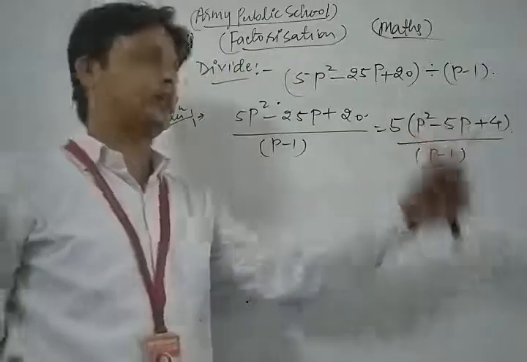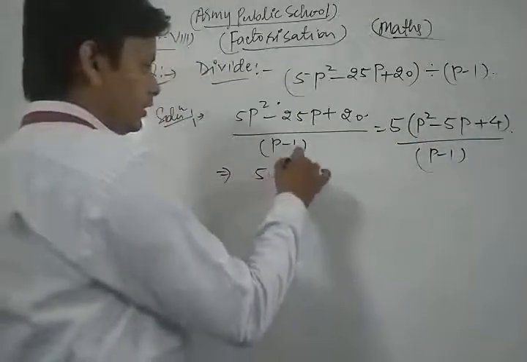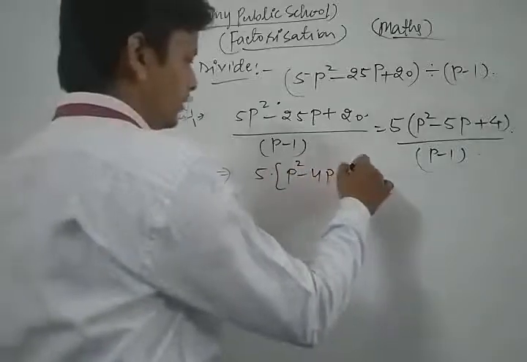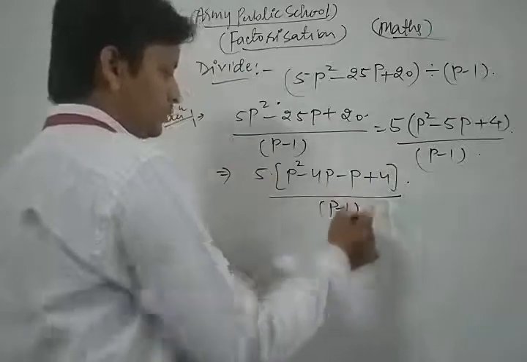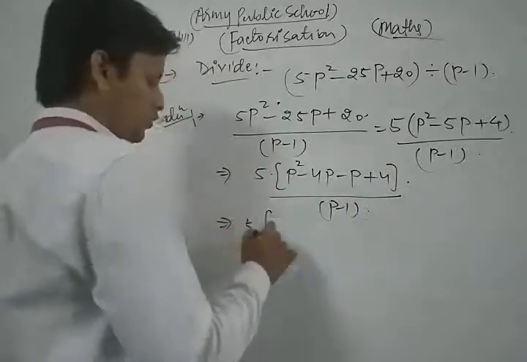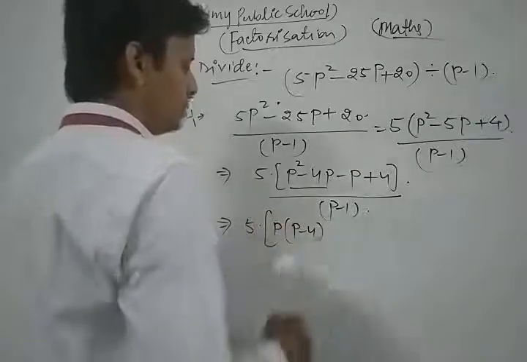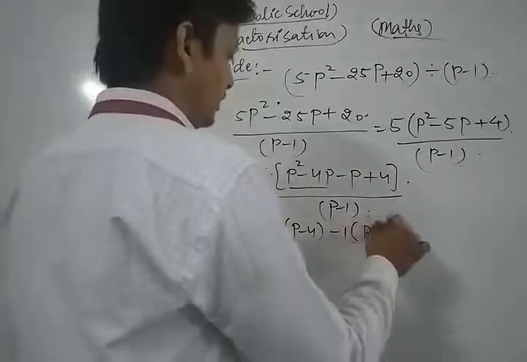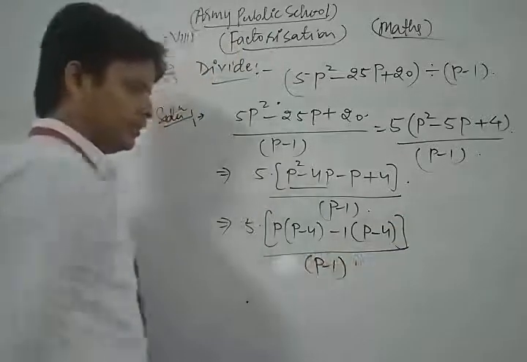Now we factorize this, so we get 5 into p square minus 4p minus 1p plus 4 divided by p minus 1. From these two terms, p is common, so we get p minus 4, and from minus 1p plus 4 we take minus 1 common, to get p minus 4, and in the denominator we write p minus 1 as it is.